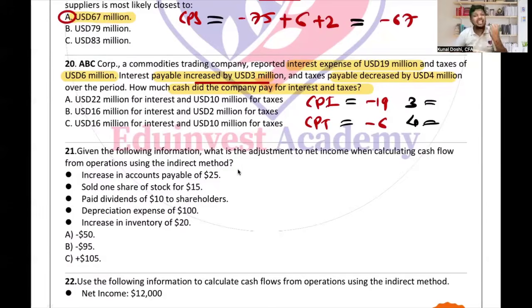So that's a cash inflow. So if it's a cash inflow, add it. Increase in current liability, it's a cash inflow. Taxes payable decreased by 4 million. Taxes payable is also a current liability. So when liability is reduced, that means you paid. So that's an outflow. So this will be -16 and this will be -10.